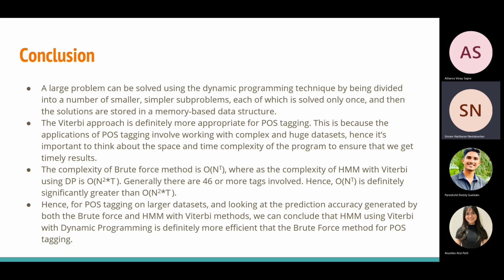For POS tagging on large data sets, which also gives better accuracy than the brute force, it is any day better than the brute force algorithm. The next slide, please.